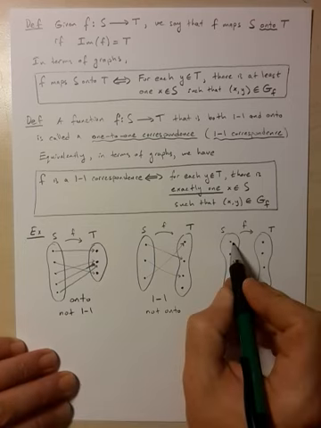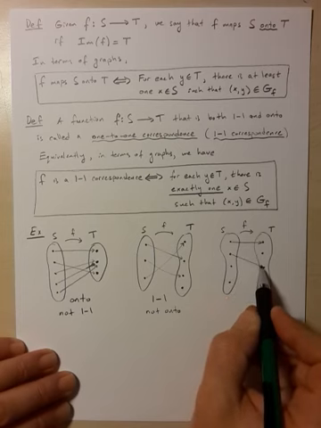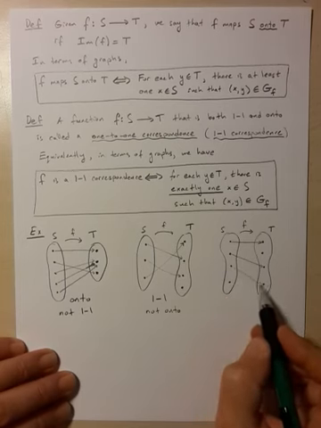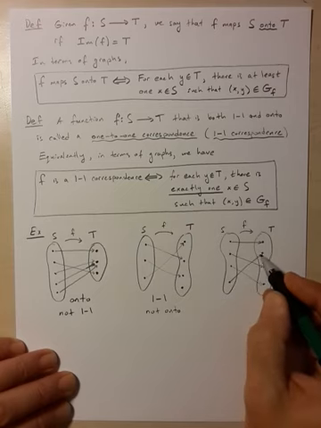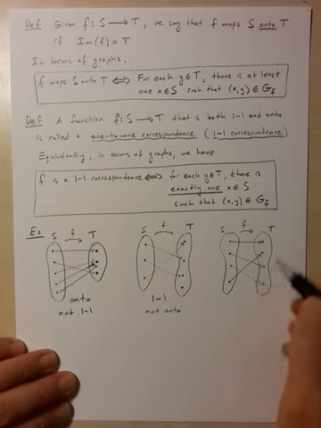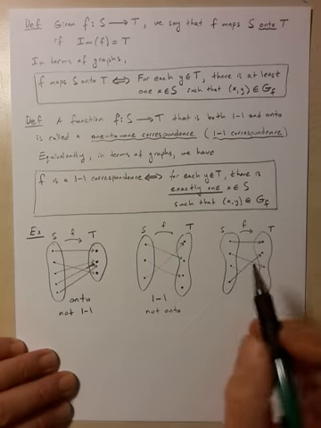So for instance, this is such an assignment, such a map, such a function. This goes to here, this goes to here, and let's say this goes to here, right? So all the elements of T are the images of elements of S, right?